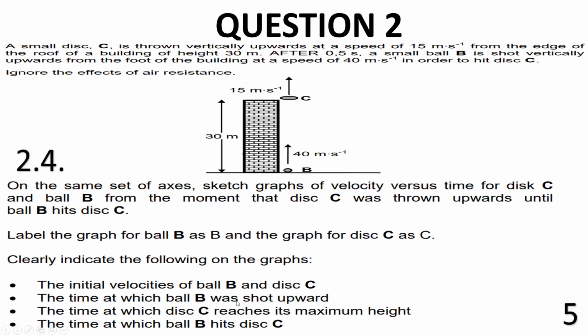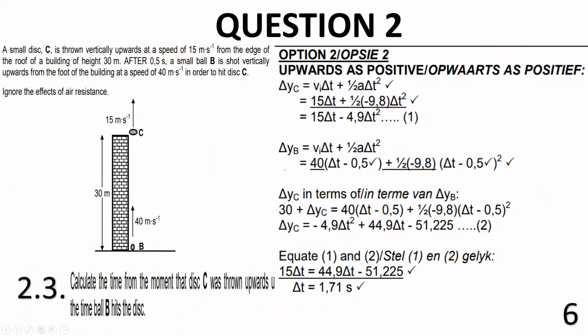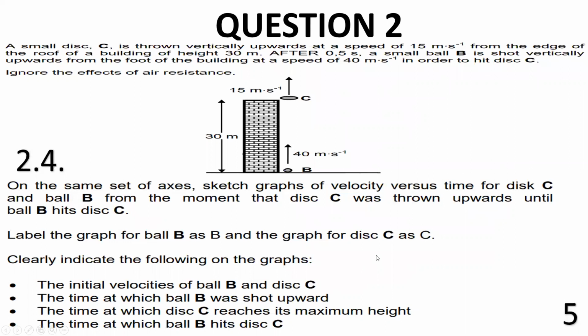The time at which pole B was shot upward. And then the time at which it reached maximum height, we calculated already. And then the time at which pole hits disc C. That time we calculated, remember, 1.71, right? We're going to show that time also.